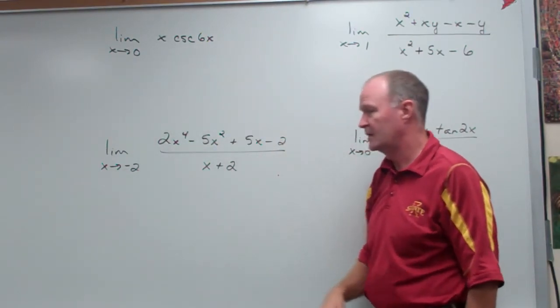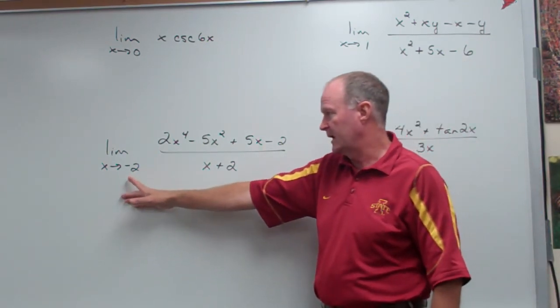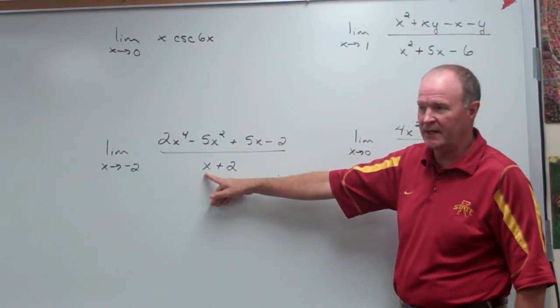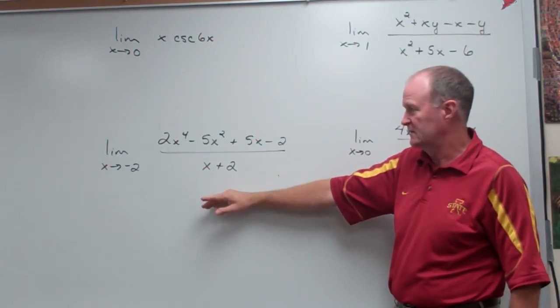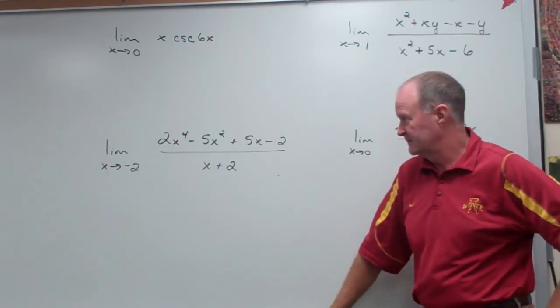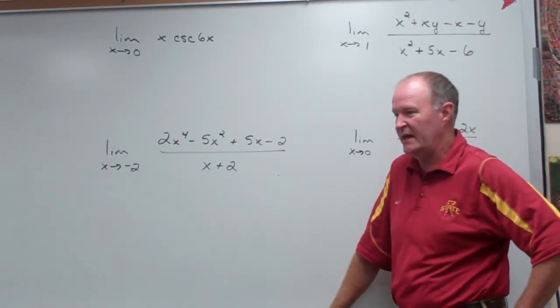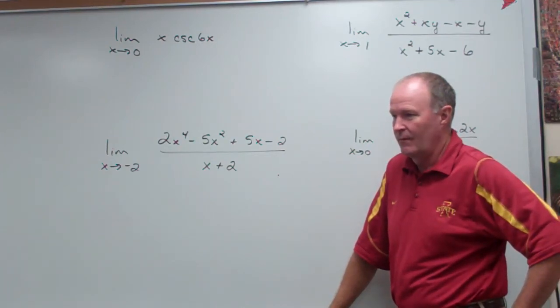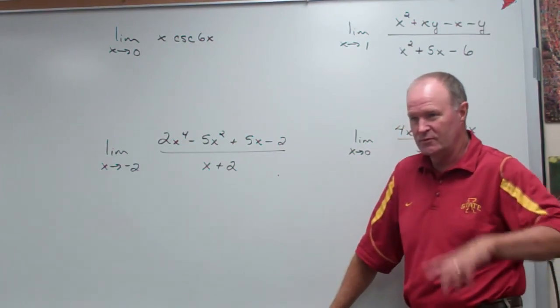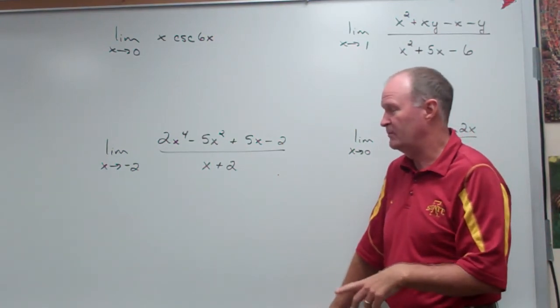Good idea. How about this one? Negative 2. I plug it in. What do we have on the top? It's not even a cubic, it's something even worse than that. But what do I get to do? If I try to group it, it probably won't help.